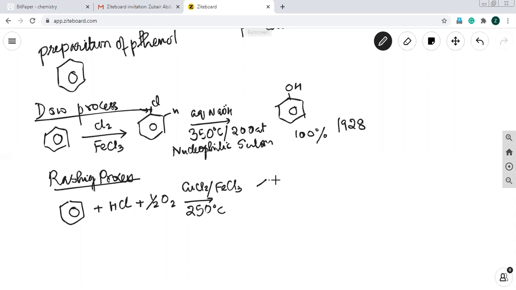You will get chlorobenzene. The method is just the same.